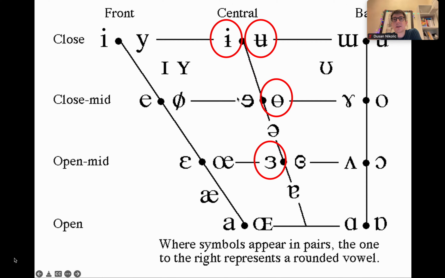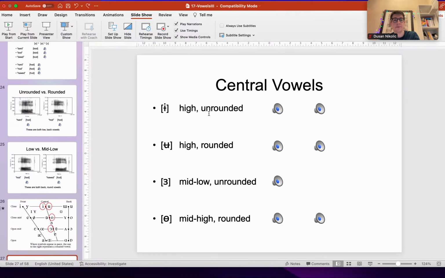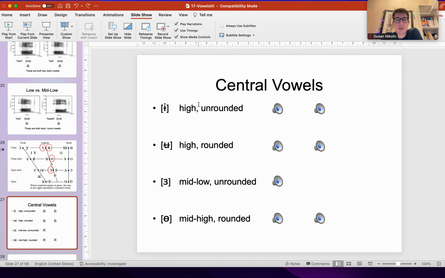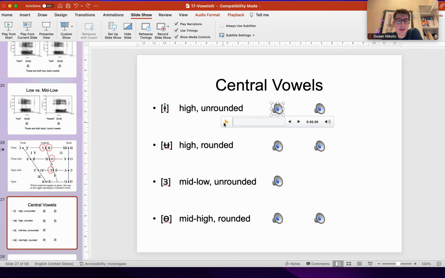And this one would be a central mid unrounded vowel, found in some forms in Korean and Polish, such as mysz. When Polish speakers say mouse, they would say something like mesh, right? They're not very common. That's why we will not pay attention to them so much. So yeah, this would be the high unrounded central barred E or barred I vowel, and it sounds like this.